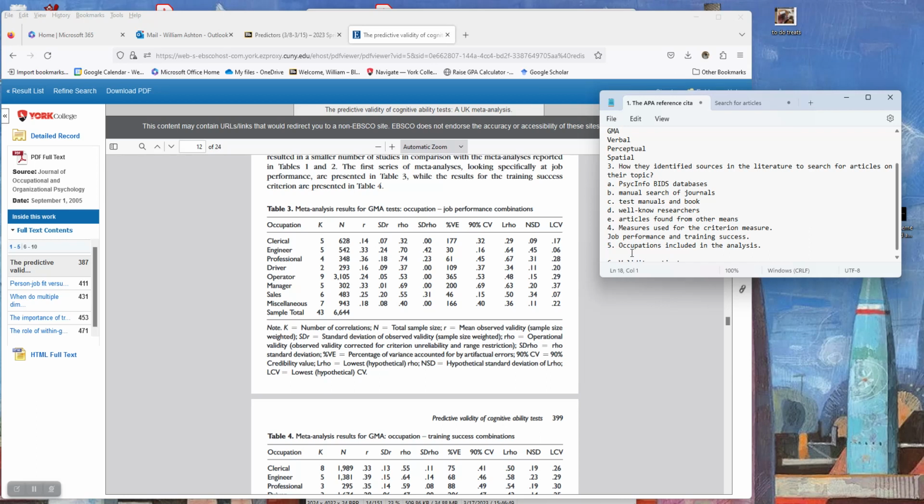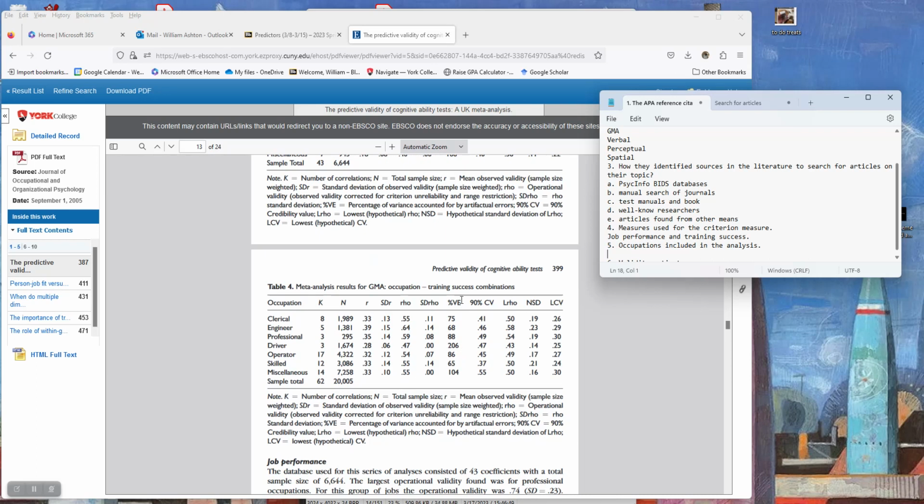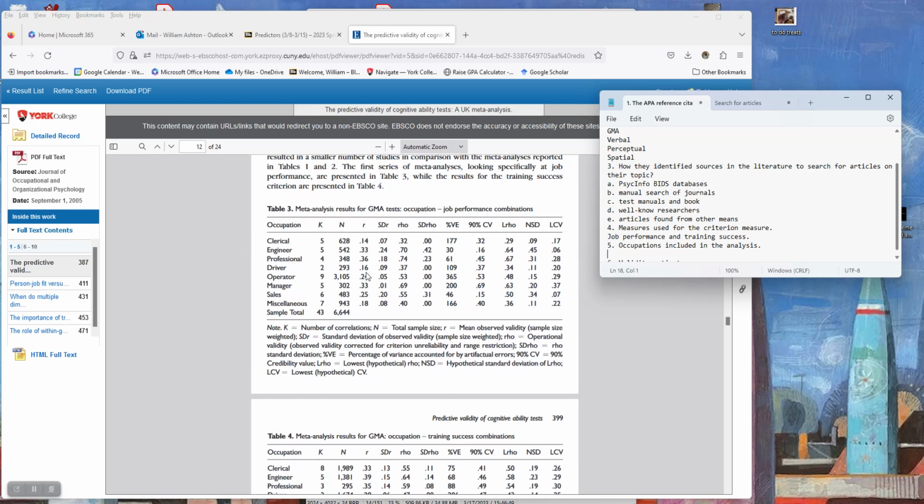So I could say for job performance and for training success, we would have studies. That is, there were 5 studies for clerical workers, 5 studies for engineers, 4 for professionals. Studies on clerical, engineer, job categories.